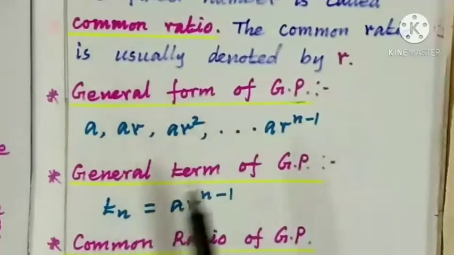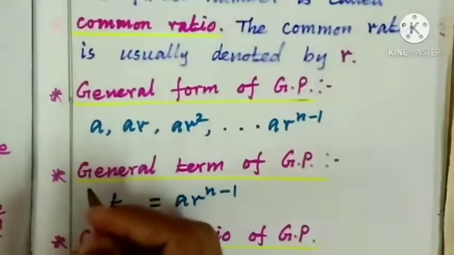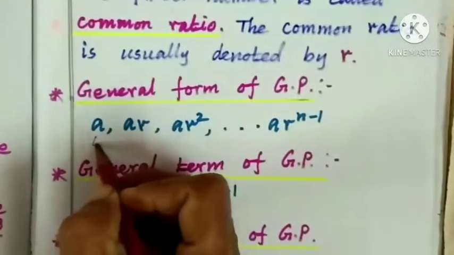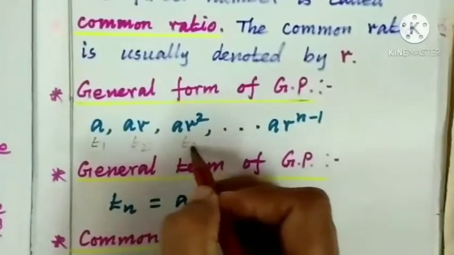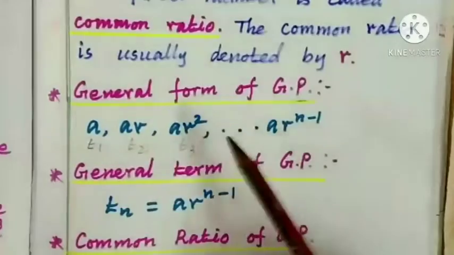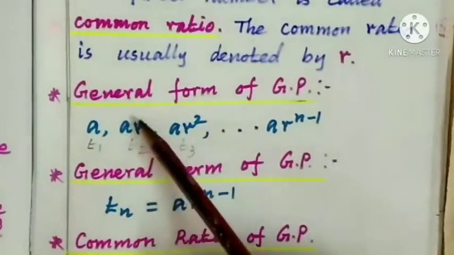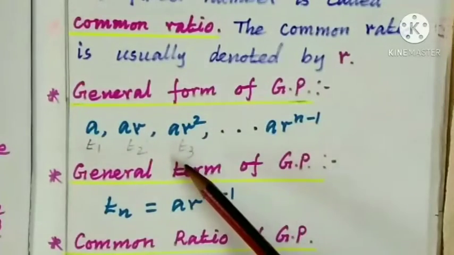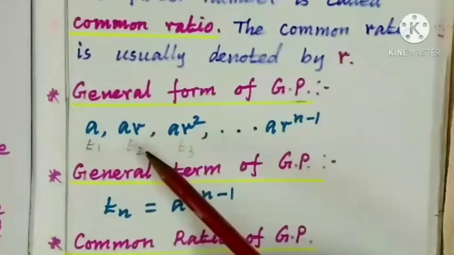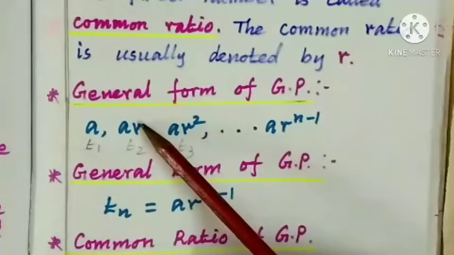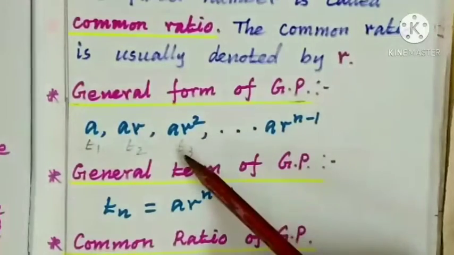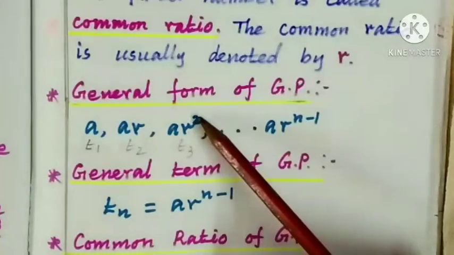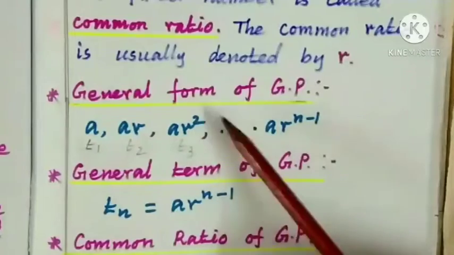Therefore, the nth term of a GP: see here, first term T1 is a, T2 is ar, T3 is ar squared. Every term contains one less than its number as the power of r. That is, the second term is a into r, that is r power 1. Then the third term is a into r squared, that is r power 2.